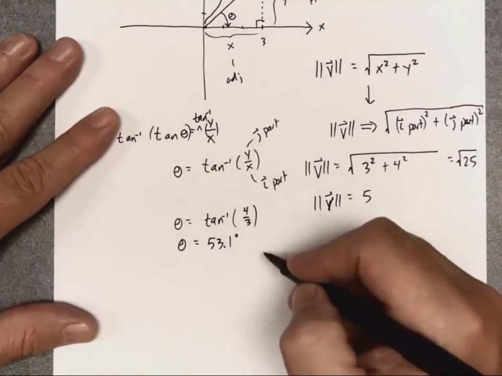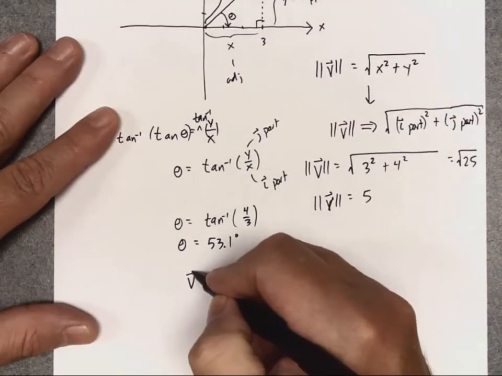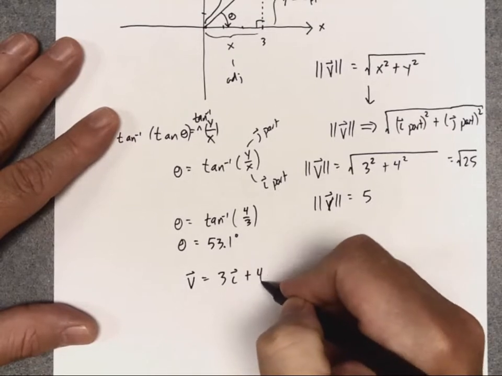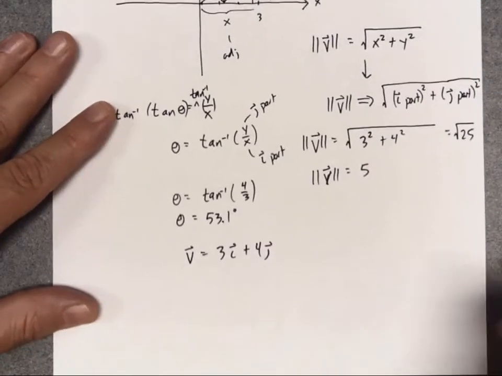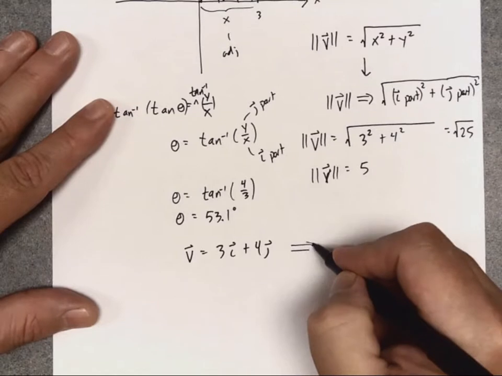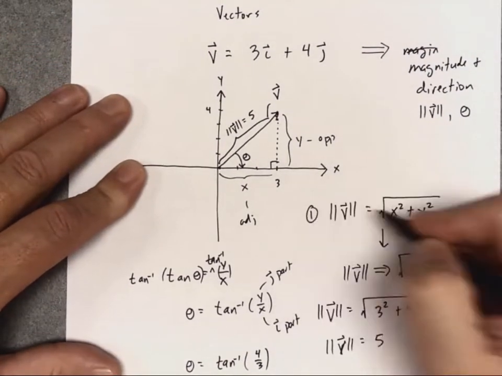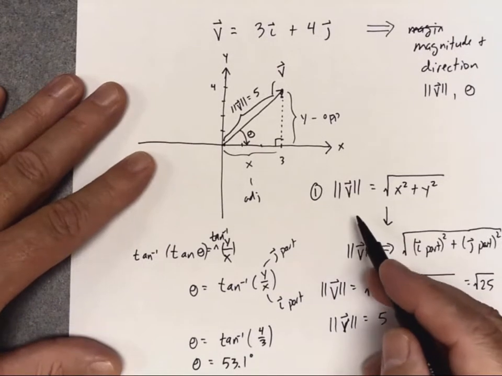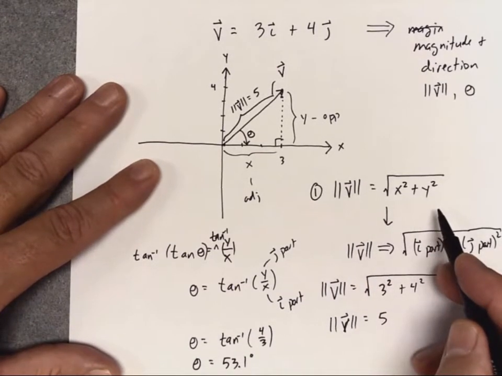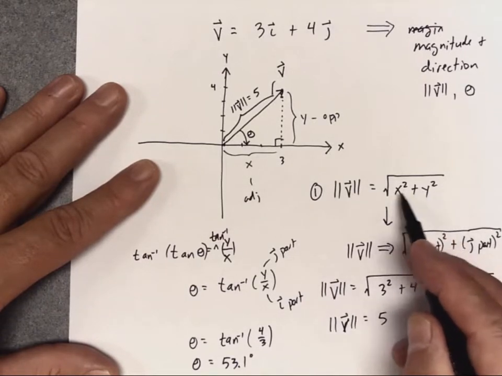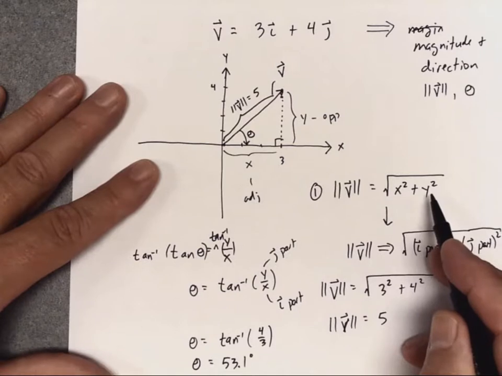So in summary, we started out with the vector v written in ij form. And by using these two formulas, the first one, here's the formula to get the magnitude. And once again, when you see x and y here, think of the i part and the j part.